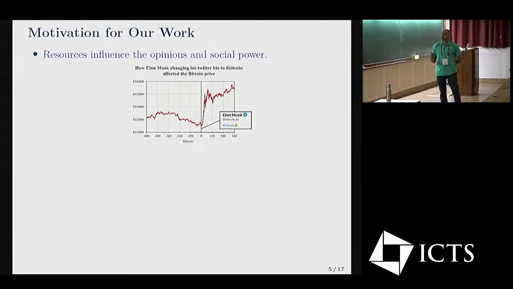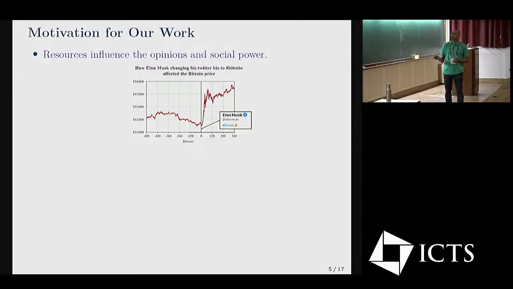The specific motivation for our work comes from a very loose observation that resources broadly influence the opinions and social power in social networks, right? This picture illustrates one aspect of that. This is from a couple of years back, I believe, when Elon Musk updated his Twitter bio, I think, to hashtag Bitcoin.